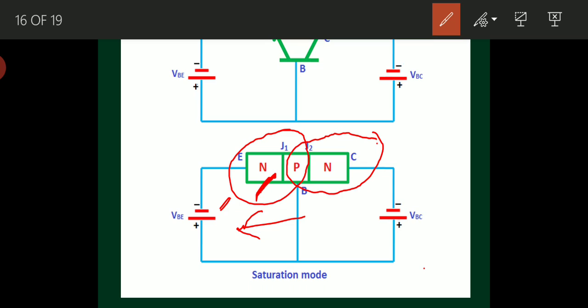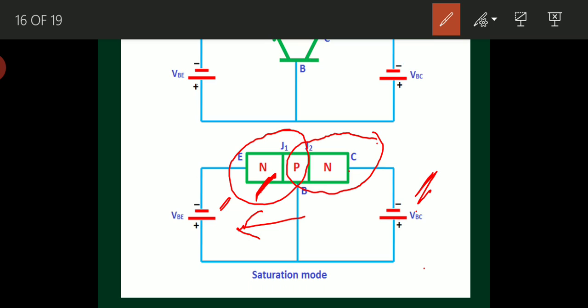Likewise, here junction JC, meaning junction J2, is also forward biased, because in the N-type region in the collector, electrons are majority charge carriers. These electrons are repelled due to the negative terminal of VBC. So electrons will move towards the base region.